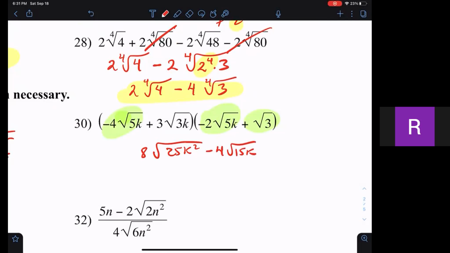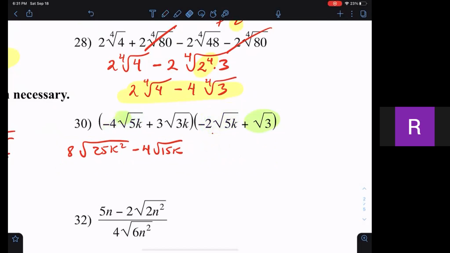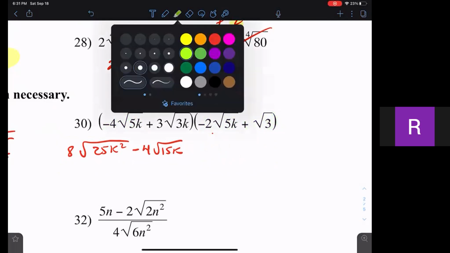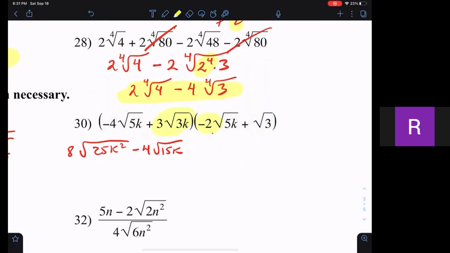Then we need to work with the other thing, right? So now these two: this is going to be negative 6 root 15k squared plus 3 root 9k.